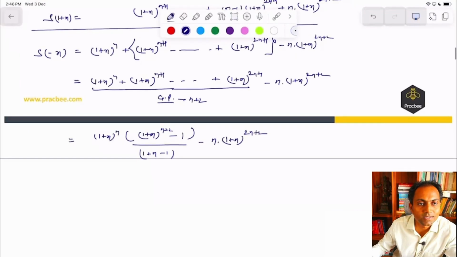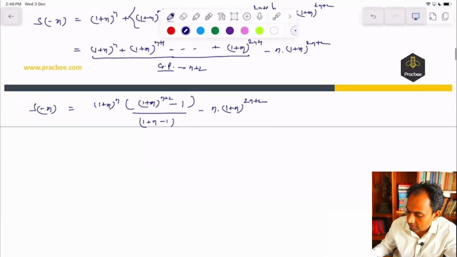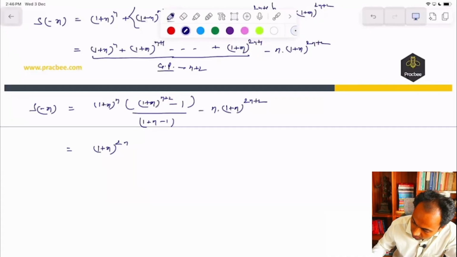See, once I have done this, we have minus x on the other side. Let us also write that. And if I simplify it now, this becomes 1 plus x raised to the power 2n plus 2 minus 1 plus x raised to the power n.